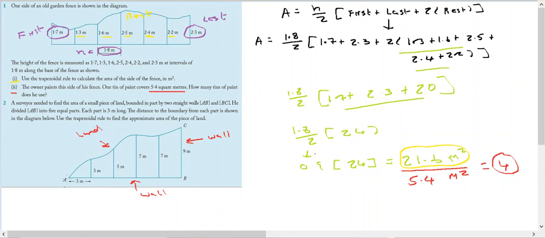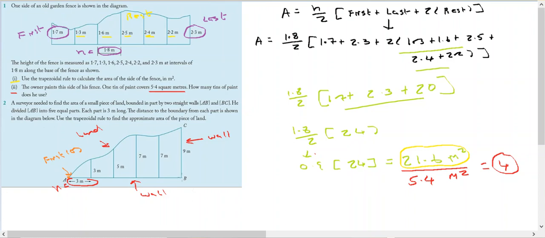So the walls, the boundaries, are broken up into 3 meter intervals, so that's your h value. So h is equal to this. Then you have to figure out, what's the first? So this is going to be your first here, which is going to be 0. There's no size in it, so it's actually this one here.